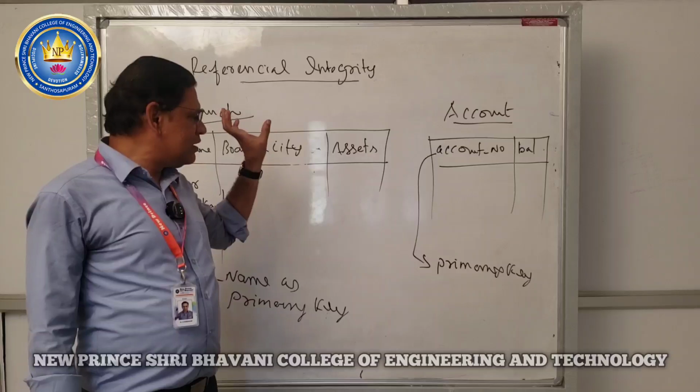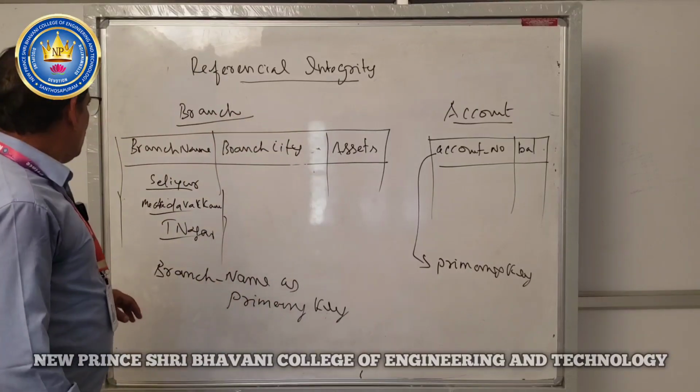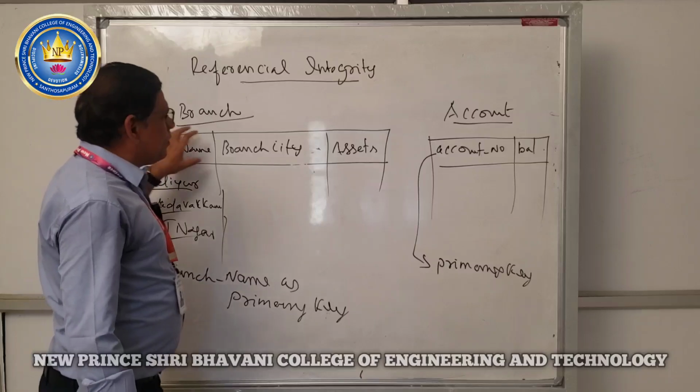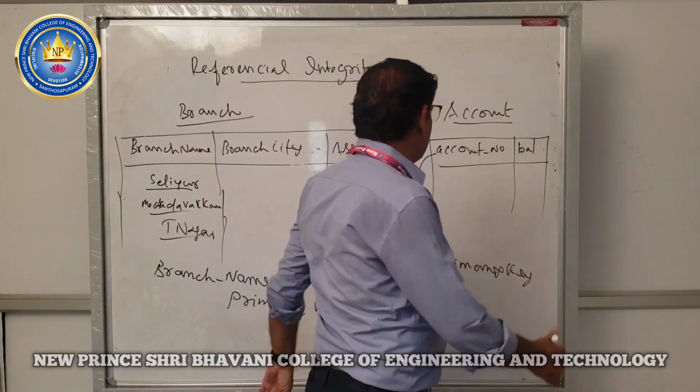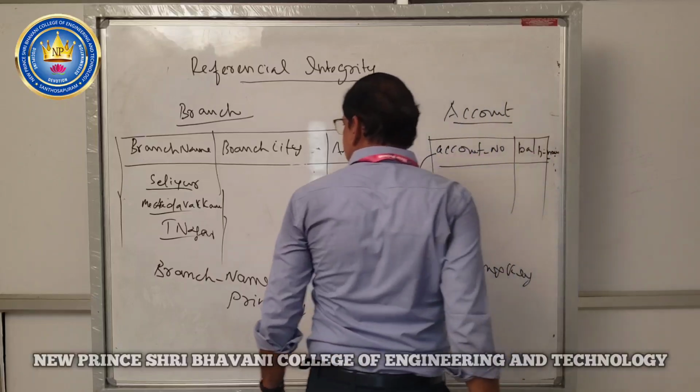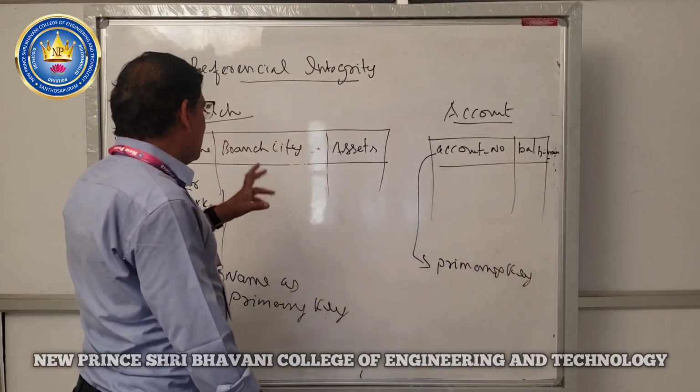So that also we can set as a primary key. And we can set this branch name as the foreign key in the account table.